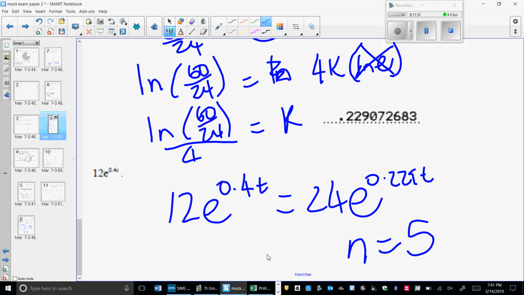How would you show that? The calculator. I think writing this should be enough. Maybe show a graph.